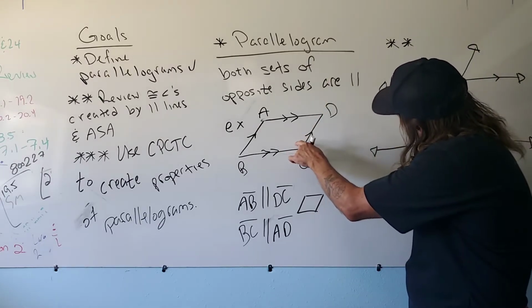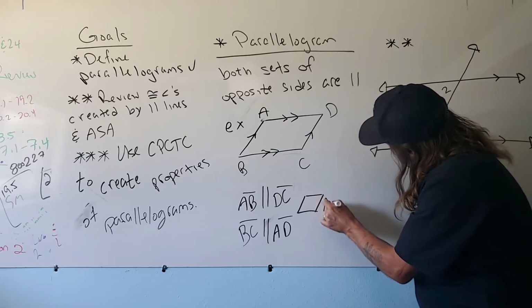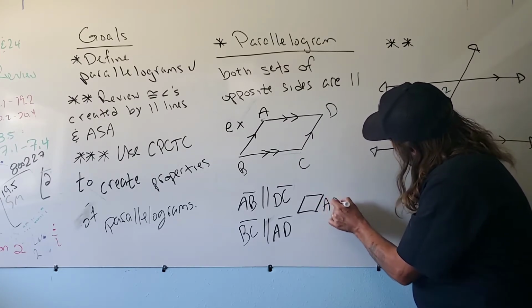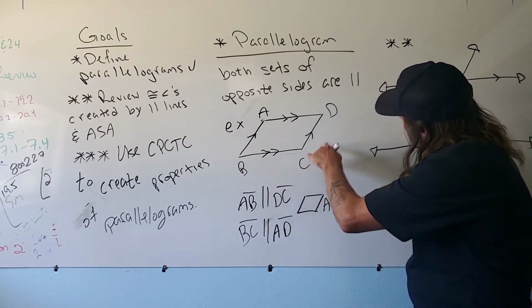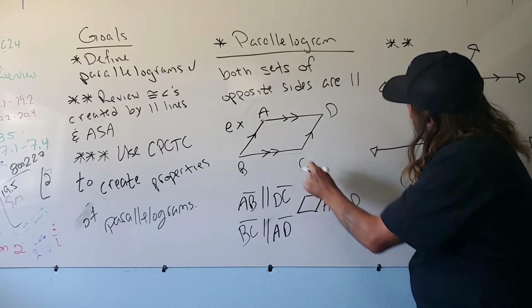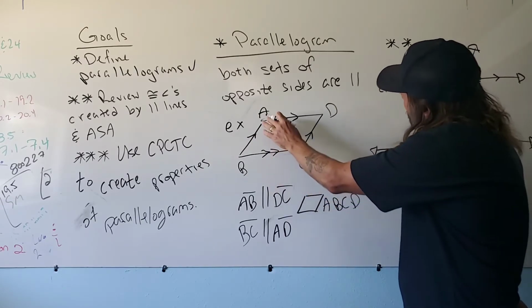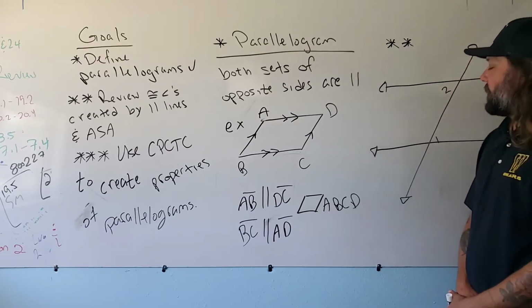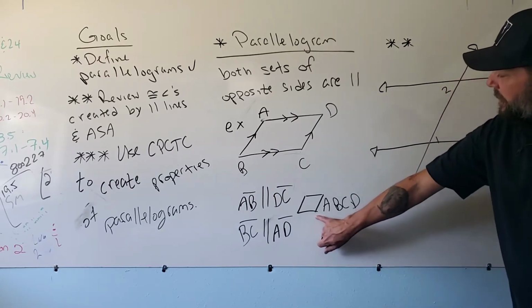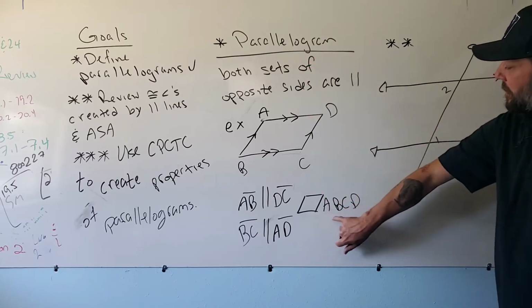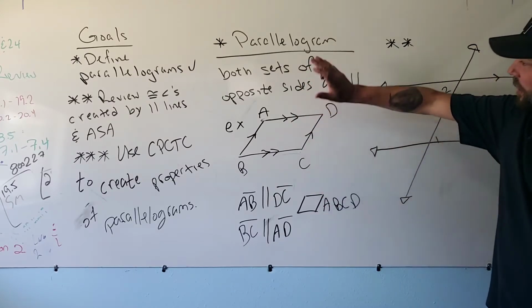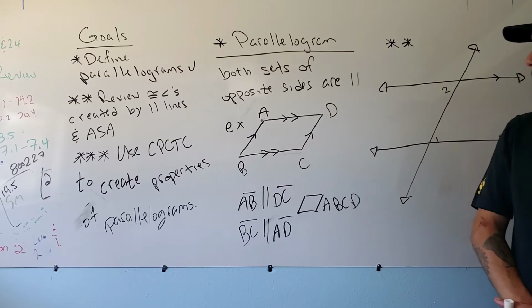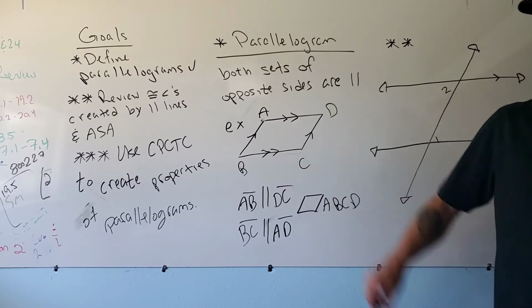So if I was to name this, I would say parallelogram ABCD. You could have started this anywhere, but I started from the top left and went in a counterclockwise or positive direction. So this symbol right here means parallelogram. So parallelogram ABCD, and I know that both sets of opposite sides are parallel. So I've finished my first goal.